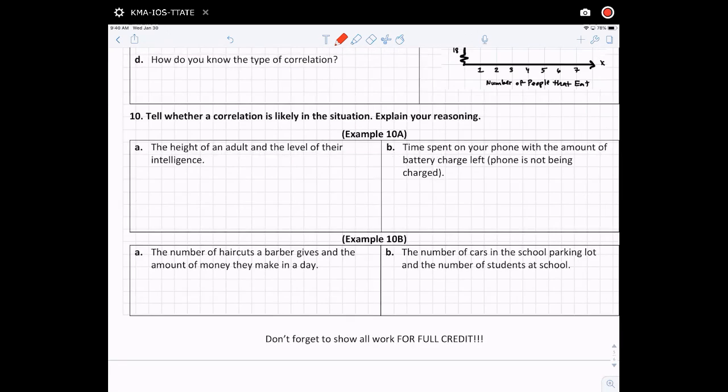Tell whether a correlation is likely in the situation and then explain your reasoning. The height of an adult and the level of their intelligence. Do you think that's correlated? What if it was correlated, what would that mean?